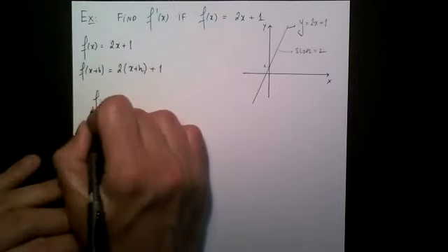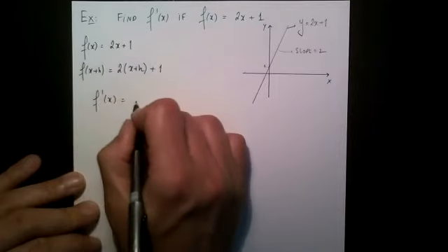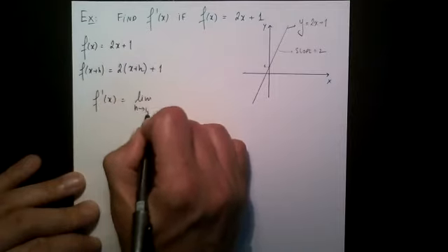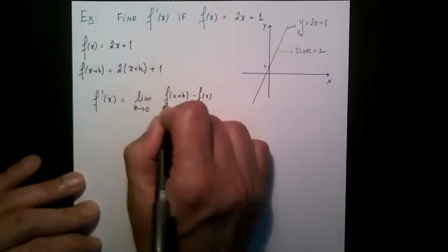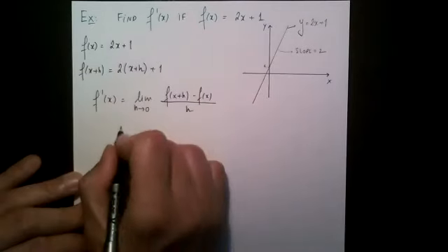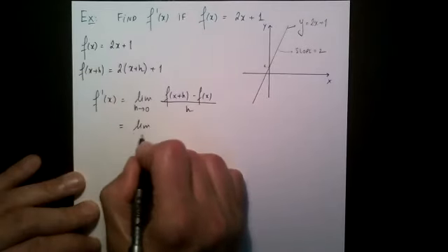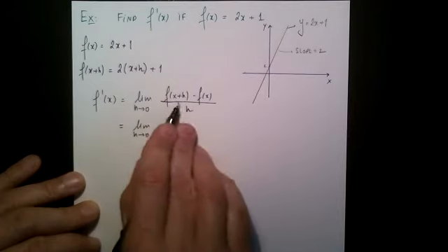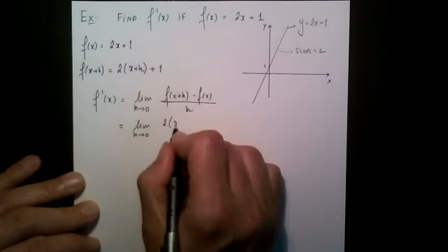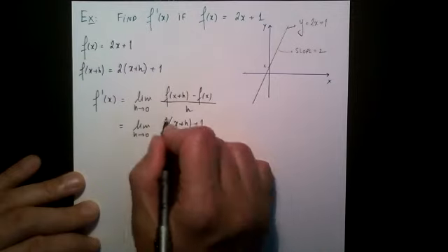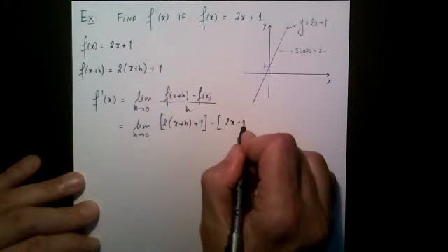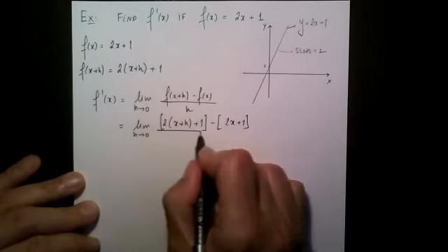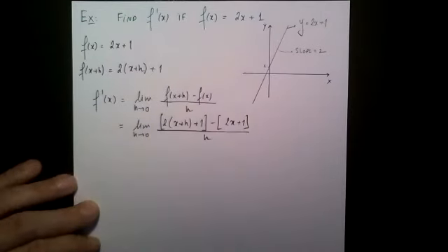Let's use the formula now. f prime of x is the limit as h approaches 0 of f of x plus h minus f of x over h, and that is the limit as h approaches 0 of 2 times x plus h plus 1, that's f of x plus h, minus f of x, which is 2x plus 1, and then all this over h. This is a limit which we now know how to do.